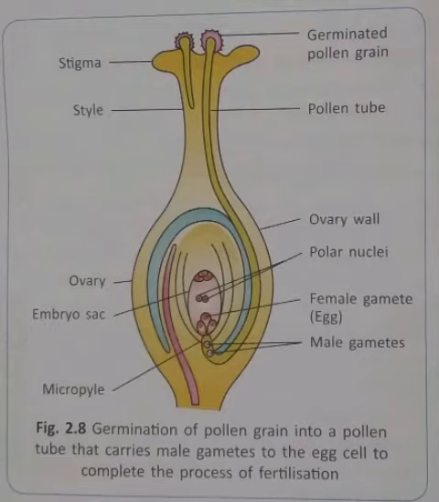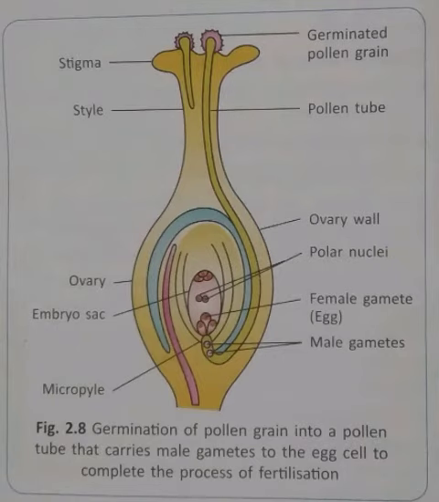Okay, now as you can see, the pollen tube moves towards the ovary, that is the basal part of the pistil. From the ovary, it reaches the ovule. Inside the ovule, the female gamete is present, that is the egg.